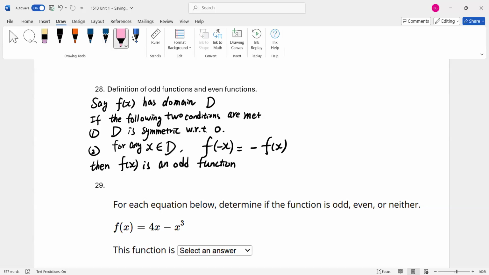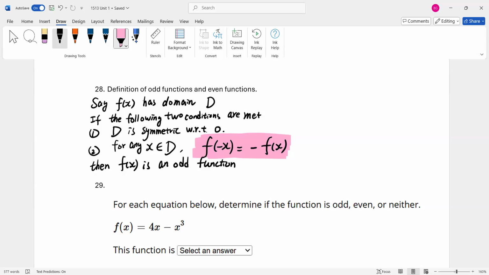This is the center of this definition, a very important condition an odd function has to meet. F of negative x has to be equal to negative f of x.